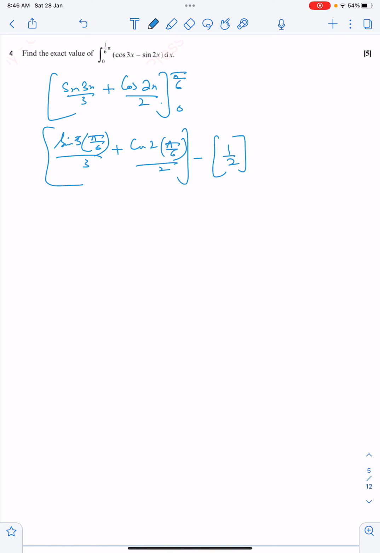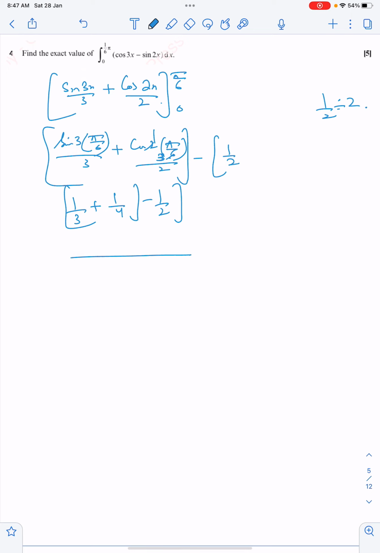Okay, let's simplify this. 3 gets simplified with this, and sine of pi by 2. Sine of pi by 2 is sine of 90, which is 1 upon 3, plus this is cos of pi by 3. Cos of 60 degrees is half. Half divided by 2 is actually 1 upon 4 minus 1 upon 2. Let's simplify this.